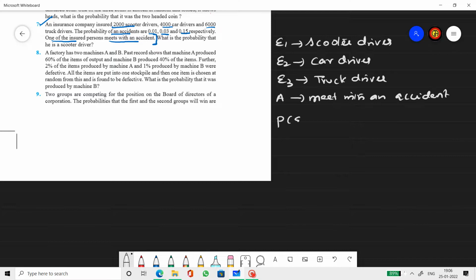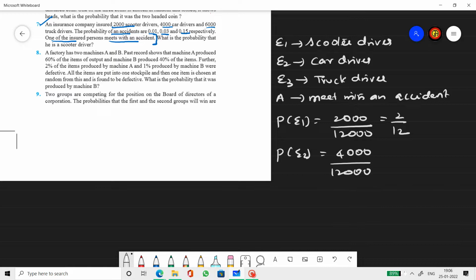So P of E1 is 2000 divided by 12,000, which is 2 by 12. And then P of E2 is 4,000 divided by 12,000, which is 4 by 12. And P of E3 is 6,000 divided by 12,000, which is 6 by 12.